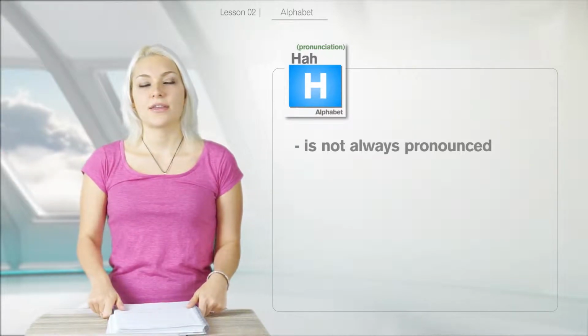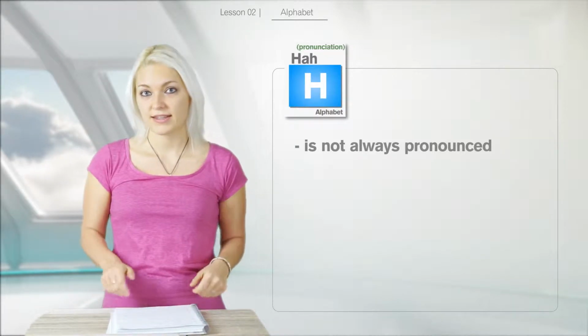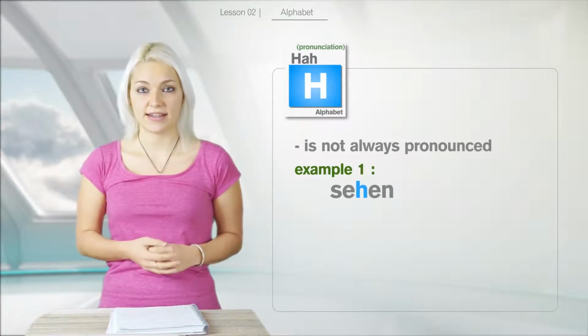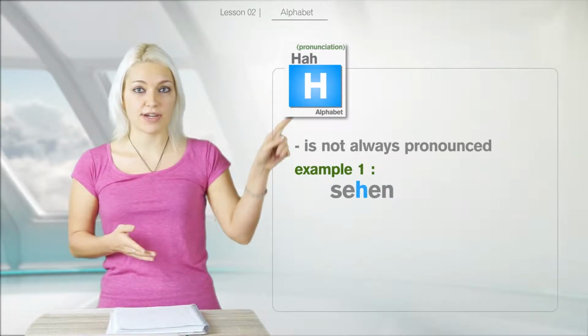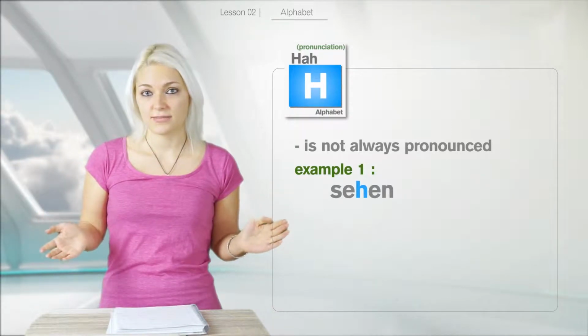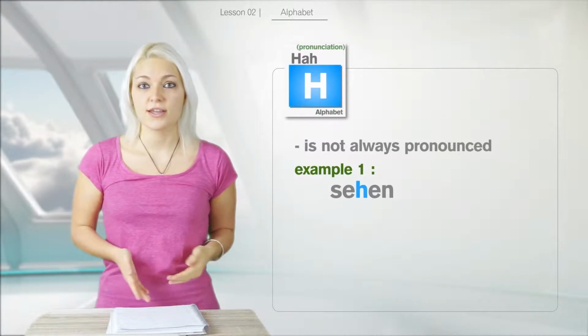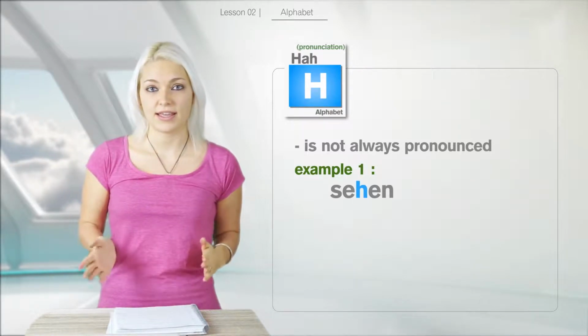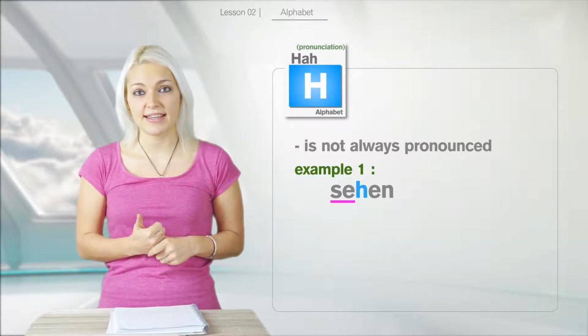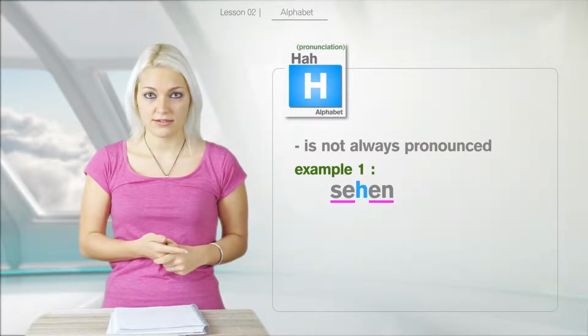For example, let's take the verb to see, which in German is sehen. You can see here the H right in the middle, but you don't aspirate it because its only purpose is to prolong the first E. So, two syllables, first syllable se, second syllable n.